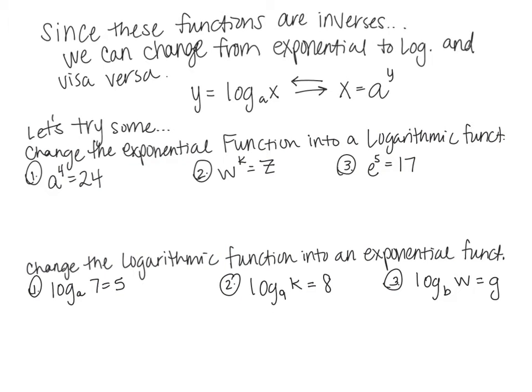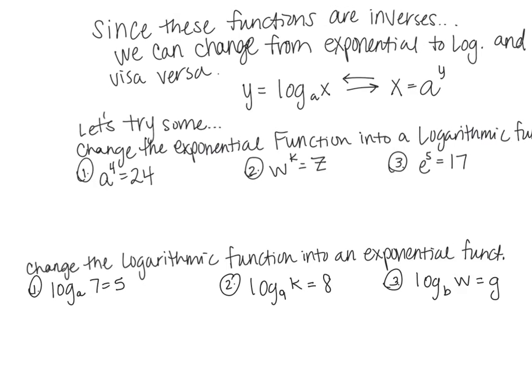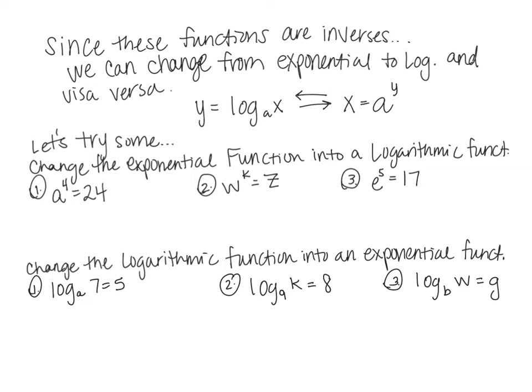So the first thing that we want to do is just see if we can rewrite an equation that's written as an exponential into a log and vice versa, from a log into an exponential. So remembering that these functions are inverses of each other, I want to see if I can rewrite them, meaning that I'm going to switch the x's and the y's, and the base of the log is going to become the base of the exponent, and vice versa.